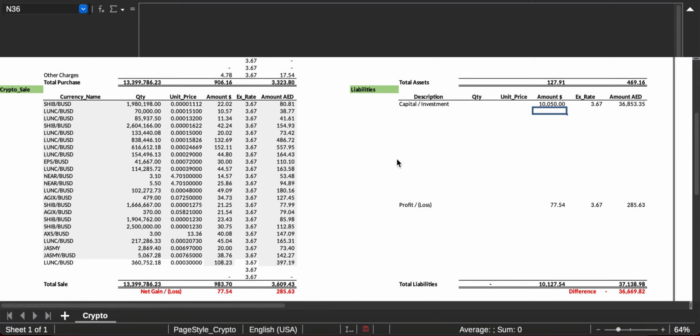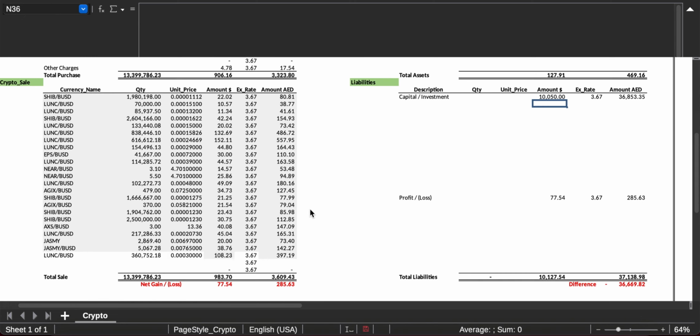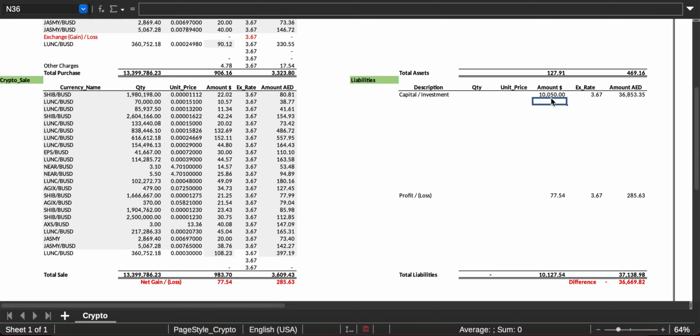So now, a mistake here, I need to write is equal to and minus 50. So I invested $100 and now I withdraw $50 for my personal use. My current capital investment is $50.